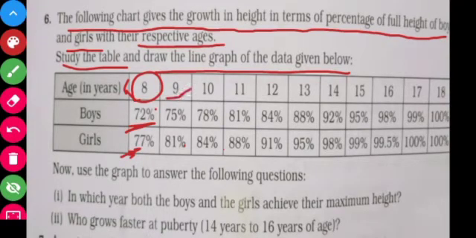At the age of 9 years, boys get 75% of full height, and girls got 81%. So it is given, study the table and draw the line graph.